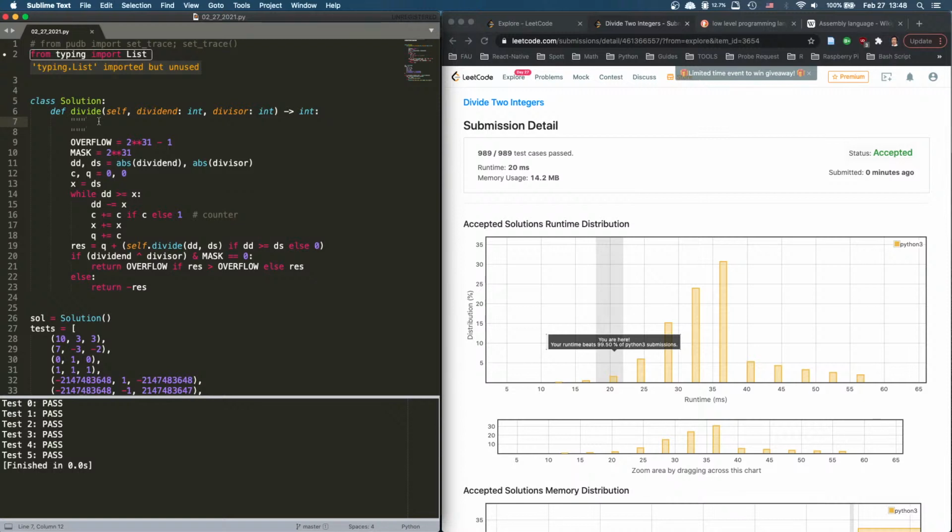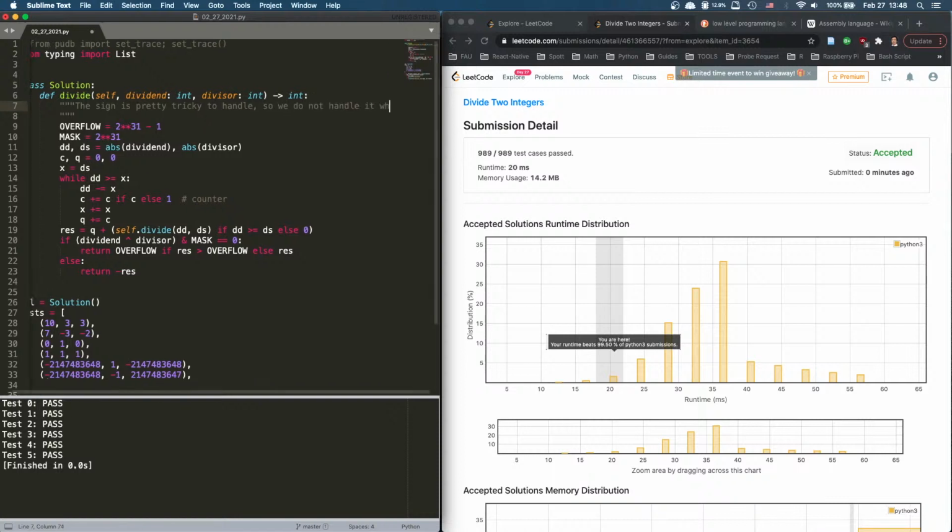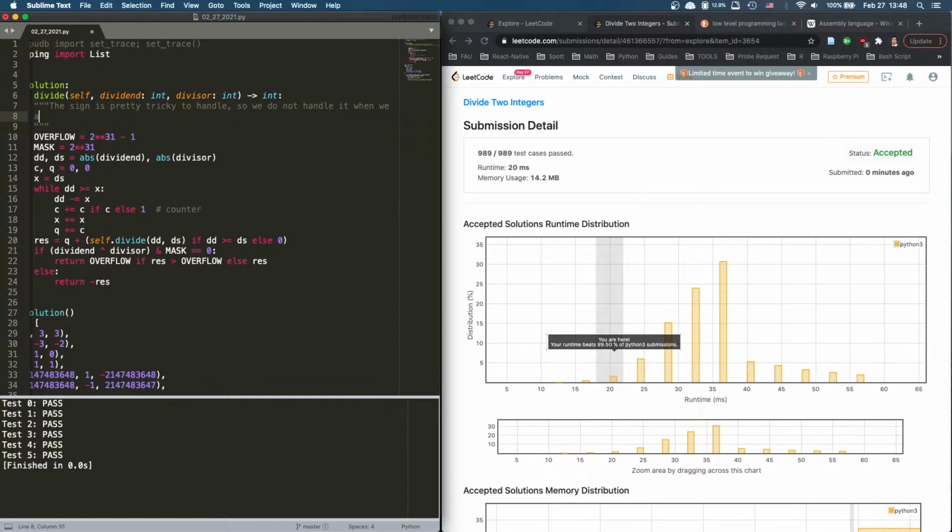The solution is the sign. Is that how you call it? The sign is pretty tricky to handle. Therefore, we do not handle it when we actually perform the division.